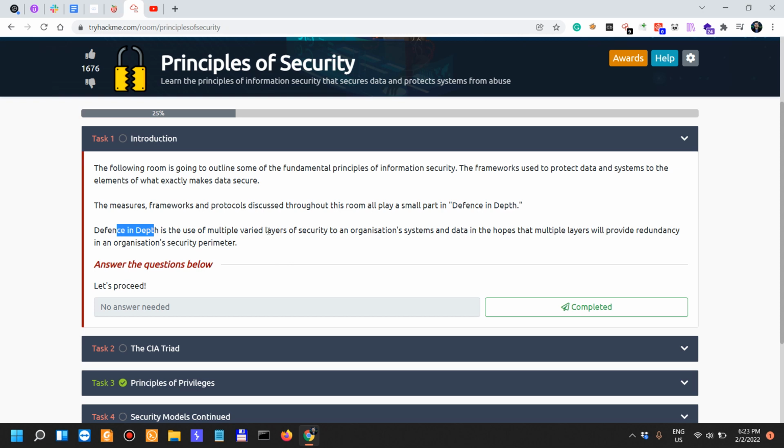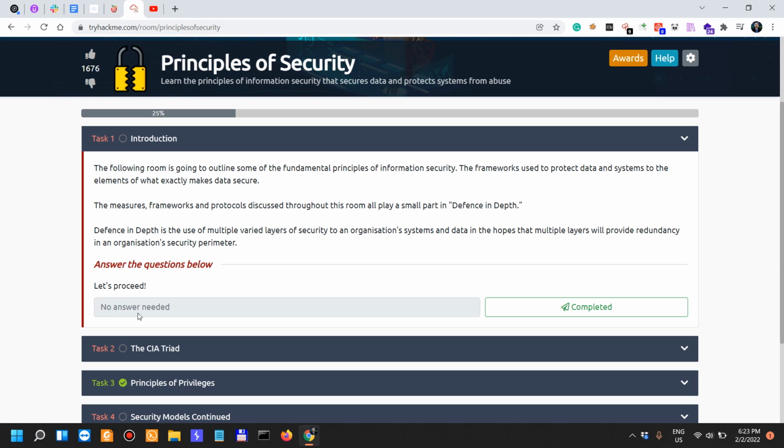Defense in depth is the use of multiple varied layers of security to protect an organization, system and data in the hopes that multiple layers will provide redundancy in an organization's security perimeters. While I wouldn't think that multiple layers will provide redundancy unless each layer is created and taken care of accordingly, because you don't want to be having security through obscurity.